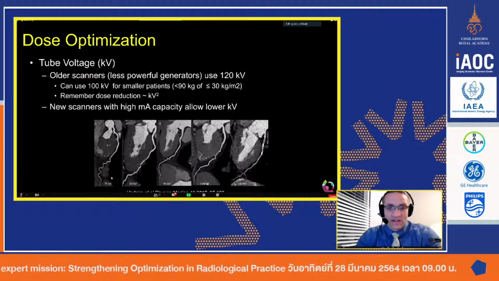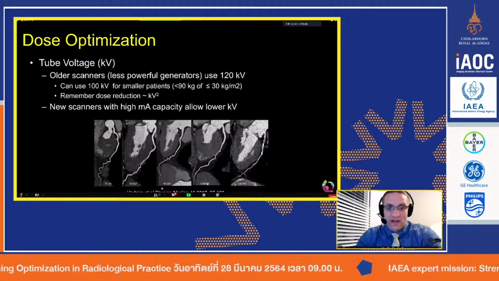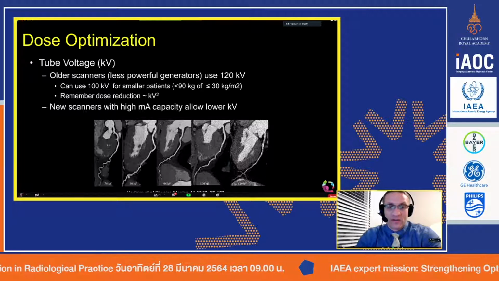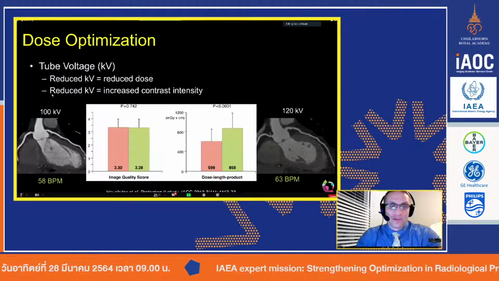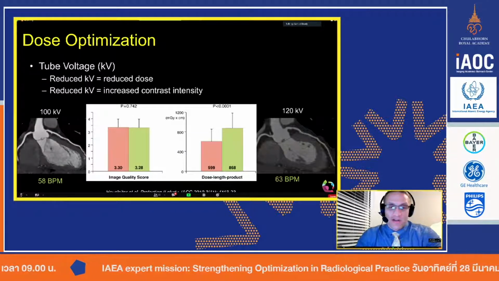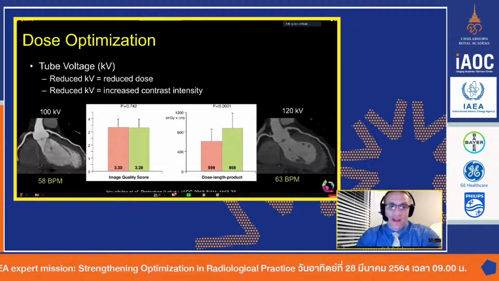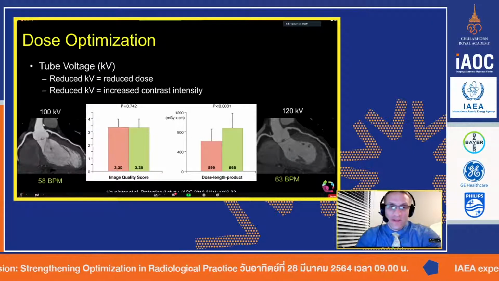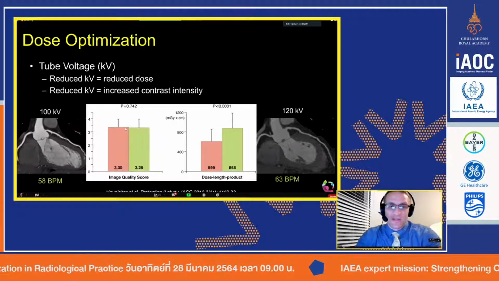And here you can see this is a 70 kV image compared to an 80, 90, 100, and 120 kV image. And there was a publication that came out almost 10 years ago, and they asked the question, if I use a lower kV, would the image quality and the diagnostic task be affected?